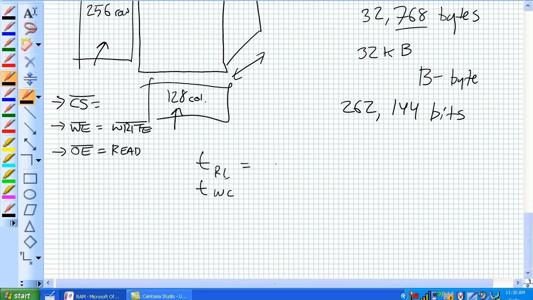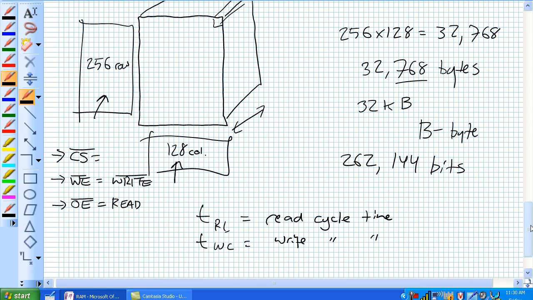Okay, so to go back to what I was discussing, our TRC and our TWC, read cycle time, write cycle time. Basically, those are the times it takes. That address has got to be there for a certain amount of time for valid data to show up.